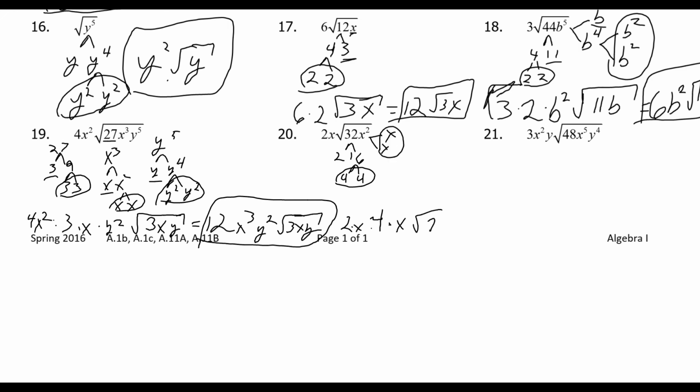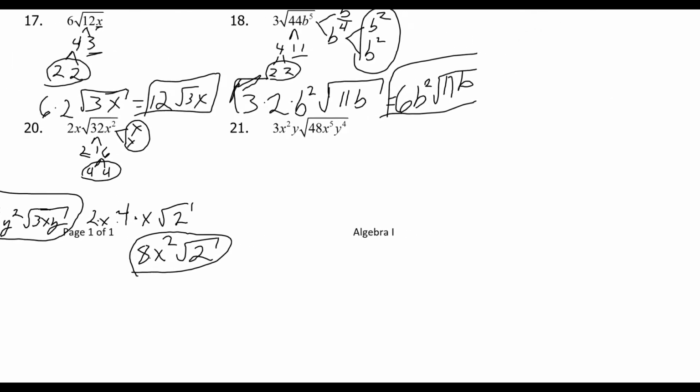And then I know I'm going to have the root of 2, because that's just the single. So that's 2x squared times 4, which is going to be 8. Not 2. On the root of 2. And there's that.